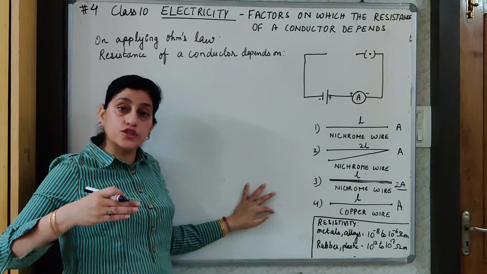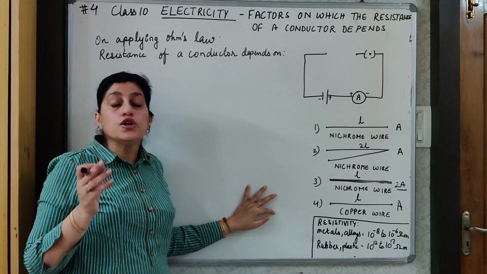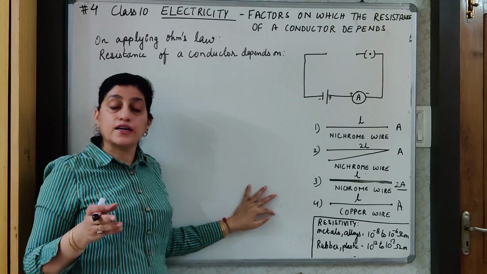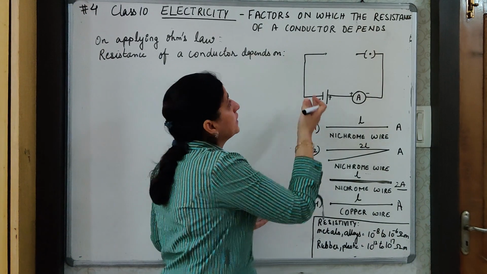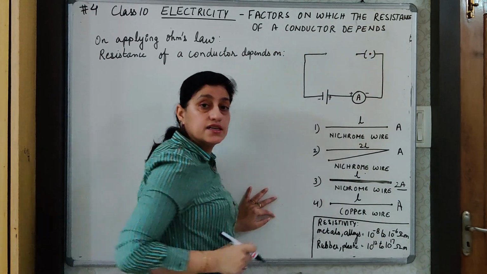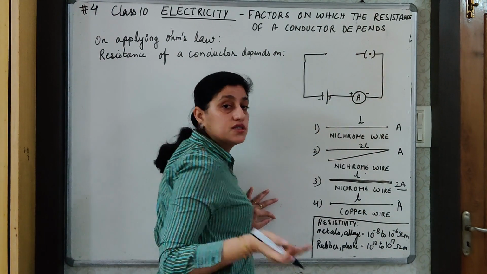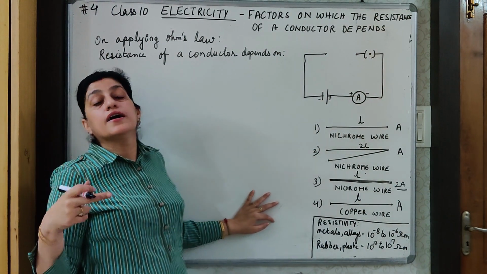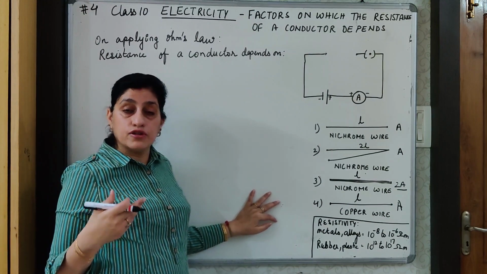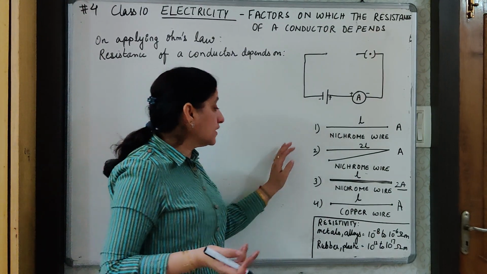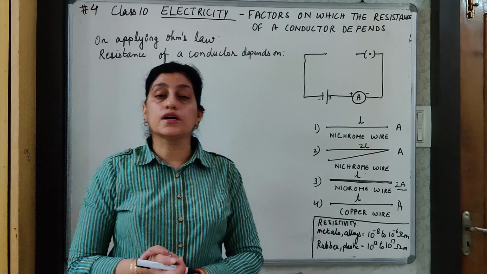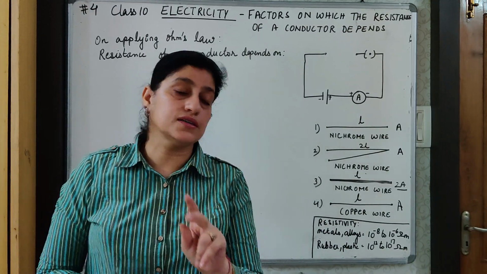We are basically trying to change the material to see the dependency of the factors on which the current and then hence the resistance depends. So when we place this wire between the terminals, plug the key, again we get a different value for the current.